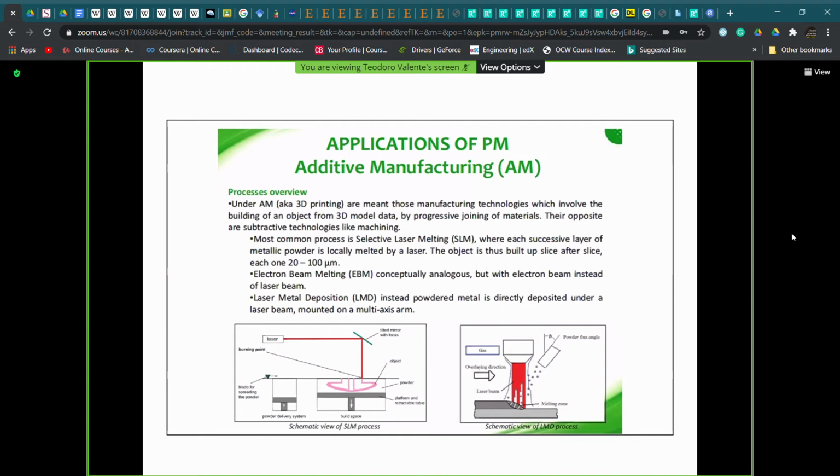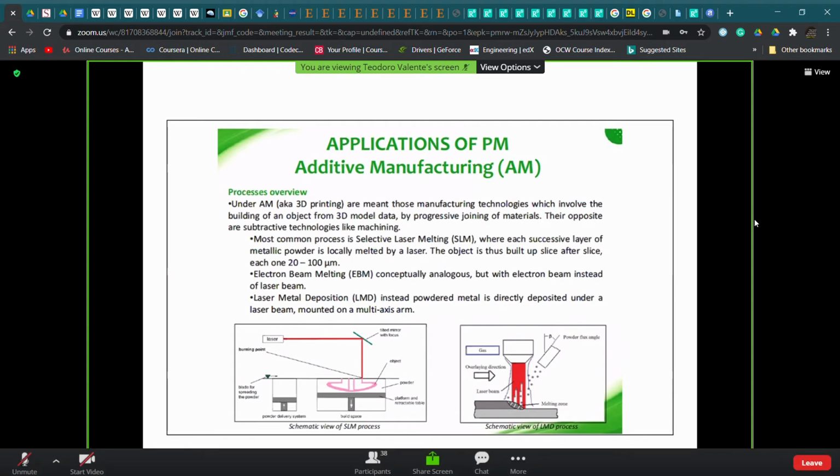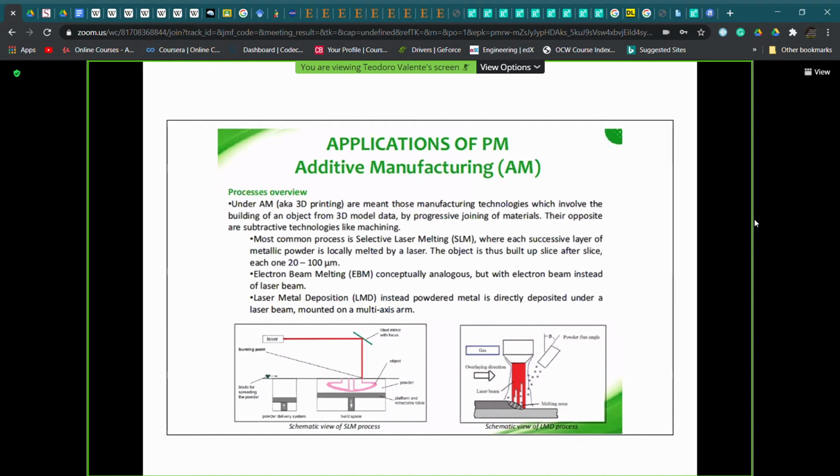These are very, very interesting techniques due to the fact that they can offer a number of advantages, in terms of material saving, as well as in terms of time of production, shorter than the other ones. And they have received increasing attention in the last years.